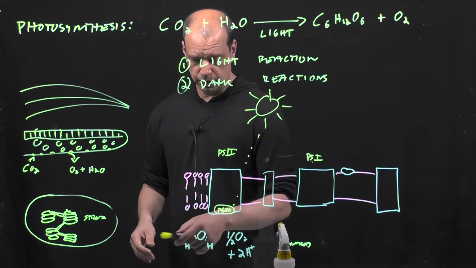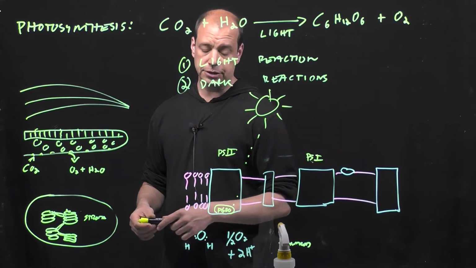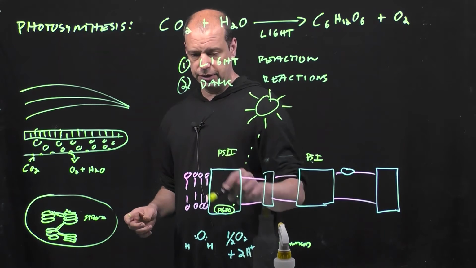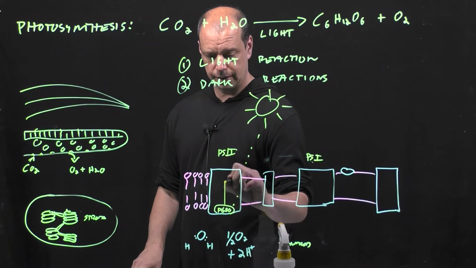Now, oxygen in water is extremely oxidized. The electrons are much closer to the oxygen than they are to the protons. And so it requires a significant amount of energy to strip those electrons from water and bounce them up to a higher energy state.